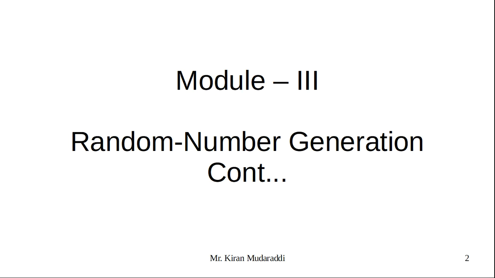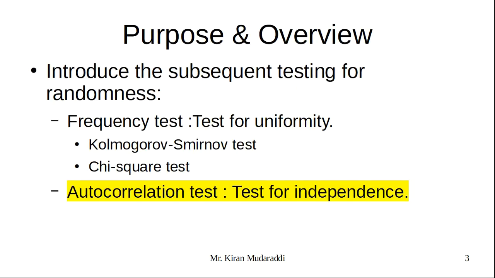In the previous video lecture, we started module 3, random number generation. We covered the KS test and the chi-square test. Both are used to check whether random numbers are uniformly distributed or not.